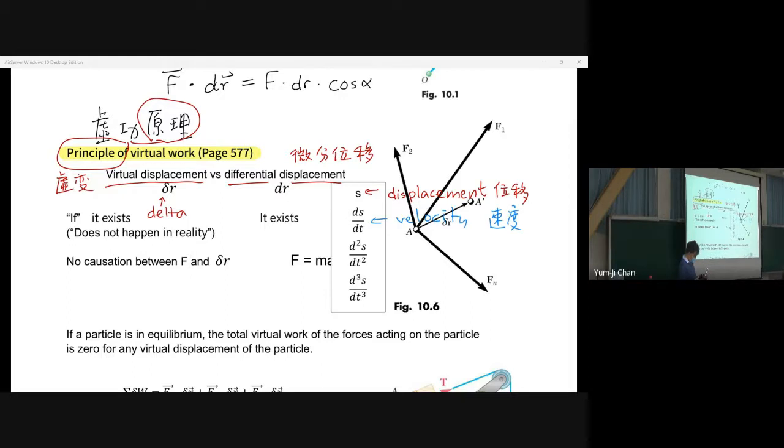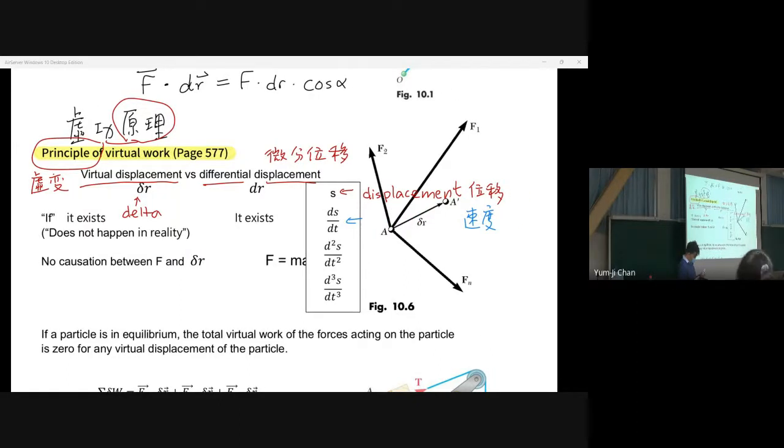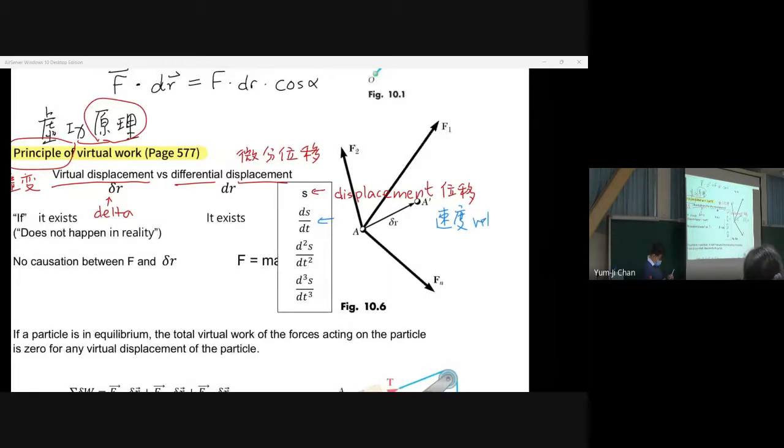Sorry, actually, wait a minute. Where should I write it? And what is the change of velocity?